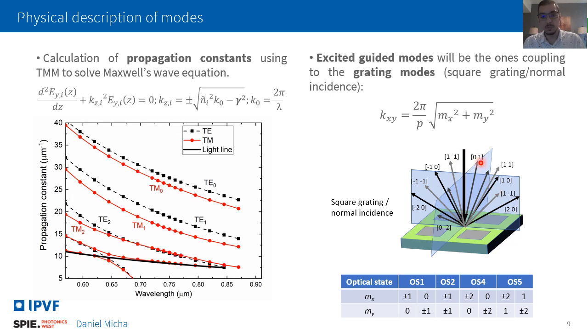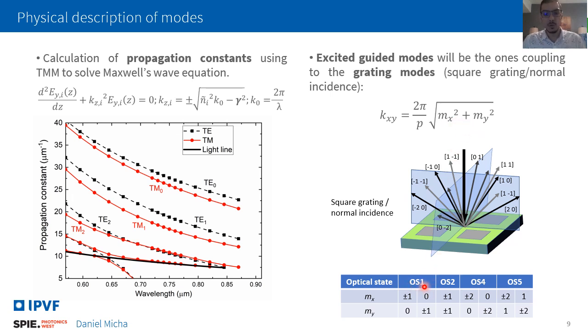labeling these different orders. We are here using a different nomenclature for our orders. We are now rather calling them optical states, in which an optical state is the sum of the squares of the indices.